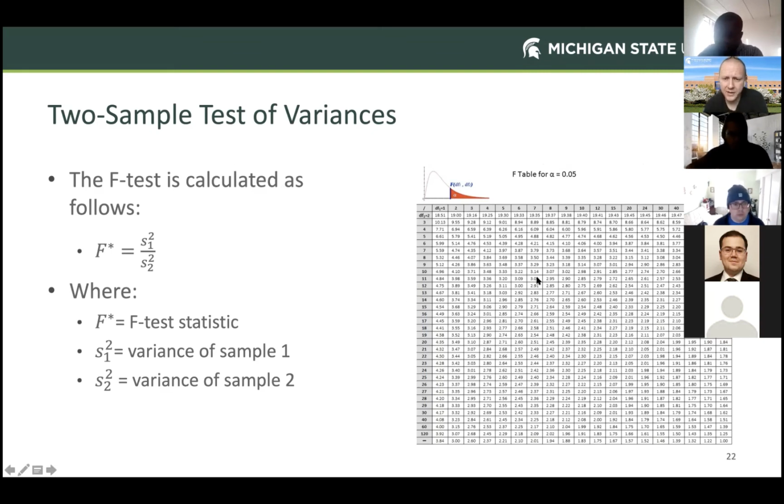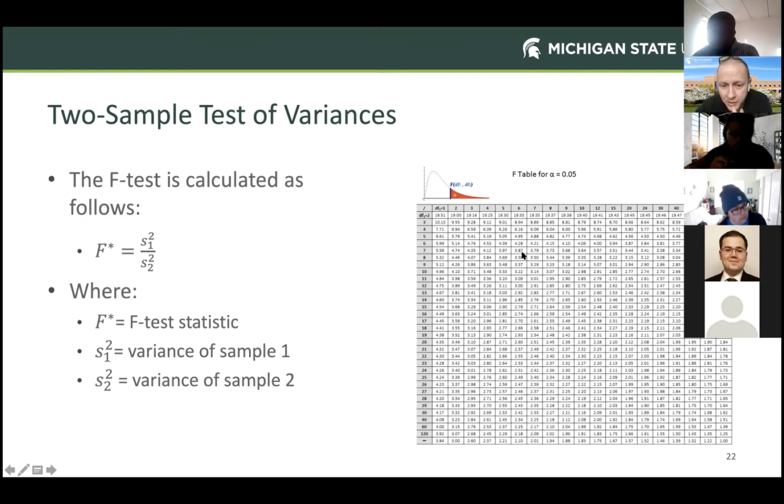And so as we look at the F tables, these are slightly different than the prior tests that we've introduced because there are both numerator and denominator degrees of freedom in this case. So we'd have n1 minus 1 degrees of freedom for the numerator, n2 minus 1 degrees of freedom for the denominator. And so we'd select the critical value accordingly here, okay?